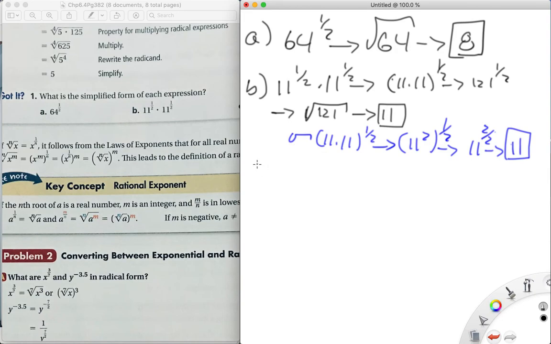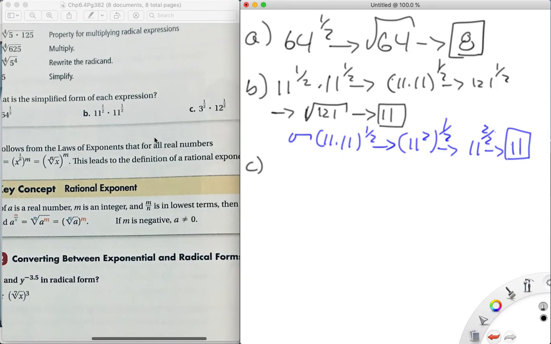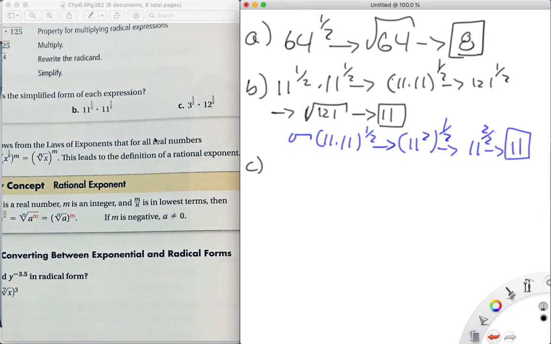Let's see. We have 3 to the 1/2 times 12 to the 1/2. So you can think of it as 3 times 12 to the 1/2, which is 36 to the 1/2.